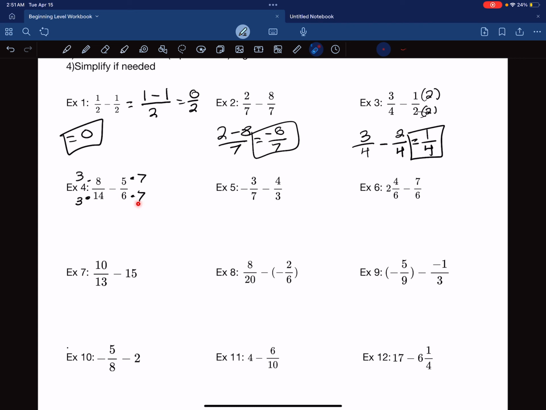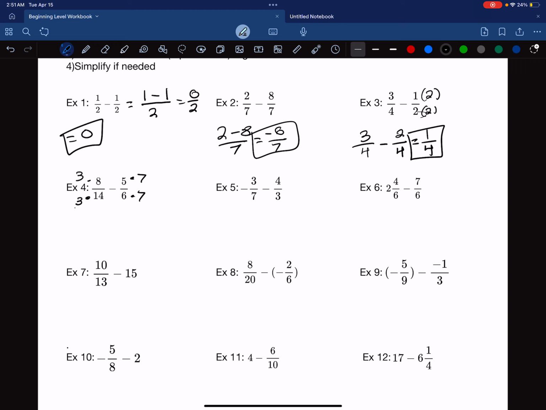So we don't need to multiply 14 by 6, because you just get an unnecessarily larger fraction, which will make you have to do more reducing in the end. That's just one thing I wanted to point out. You can multiply these two numbers together if you would like, but that will make you do more reducing and more work than you need to. Anyways, that was a long ramble.